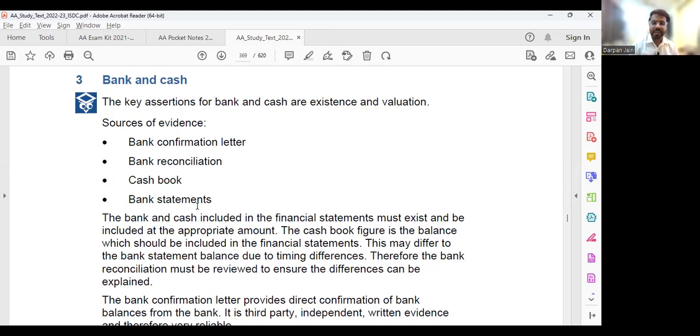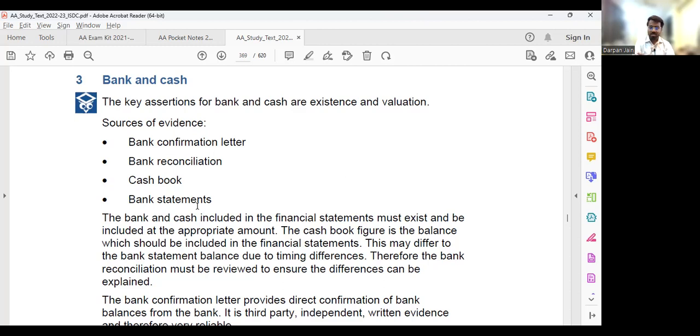Okay. Bank and cash. See the different sources of evidence that you have for bank and cash. Put yourself in the shoes of the auditor. You become the auditor. Imagine you have received the financial statements from your client.